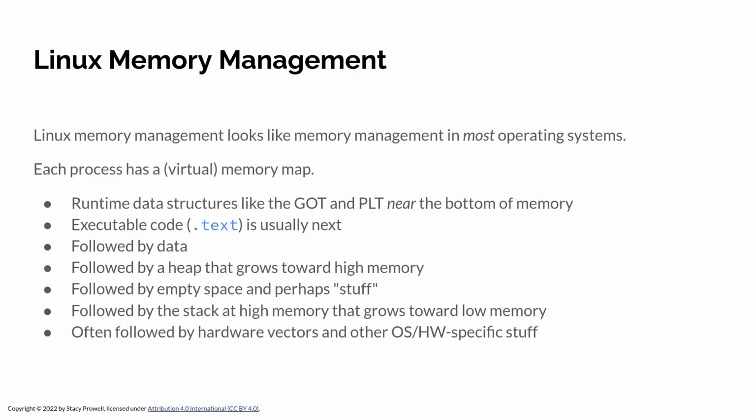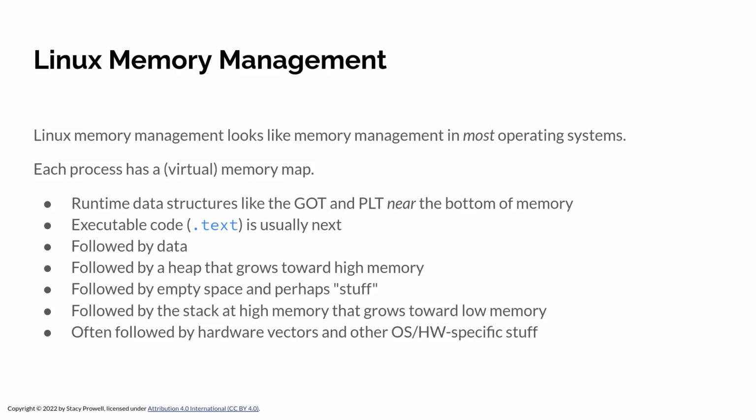Each process is going to have its own virtual memory map. It's going to have runtime structures like GOT and PLT. It's going to have executable code. It's going to have some data. It may have a heap. The heap is going to grow upward toward high memory. There could be some empty space there for it to grow into. Sometimes there's other stuff in there, like dynamic libraries get mapped into that space, right?